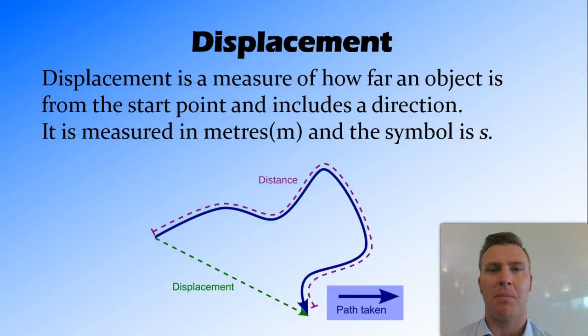So that was the path taken by whatever object it was. And you can see that the distance, because they didn't travel in a straight line, is much longer than the displacement, where the displacement would be a much shorter amount of meters, and in the direction southeast.